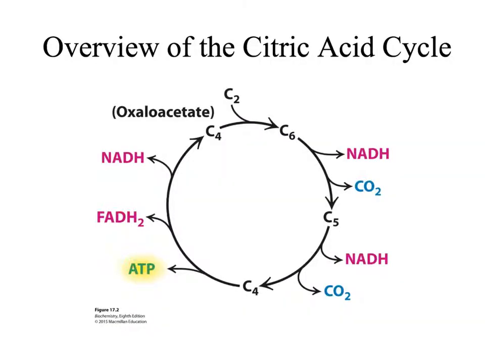Now the citric acid cycle serves the purpose of harvesting high energy electrons, and it does so in the form of the NADH and the FADH2. In this process, you have a 2-carbon acetyl unit from the acetyl-CoA. That's the acetyl portion of that acetyl-CoA.